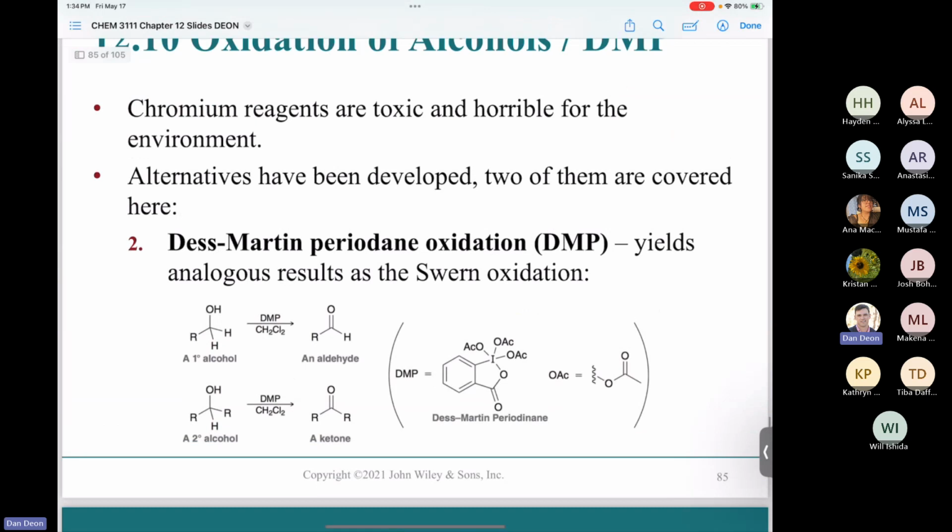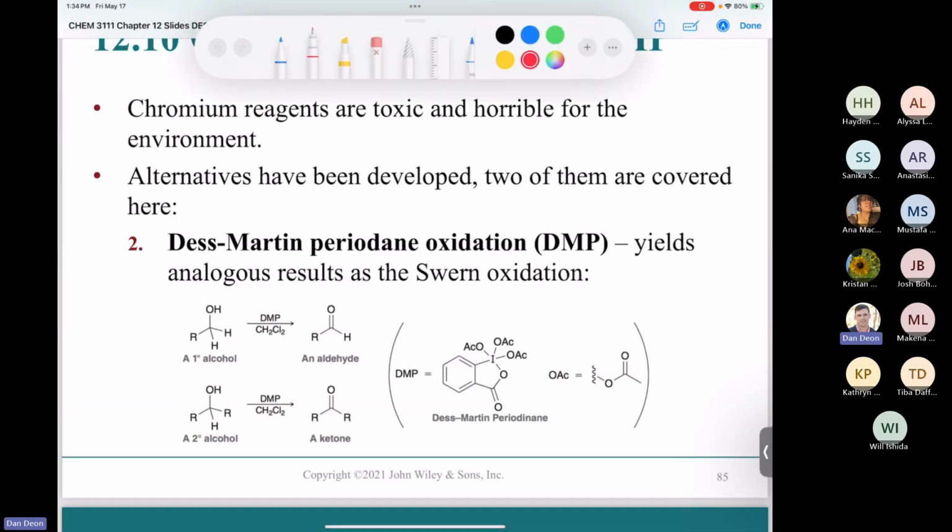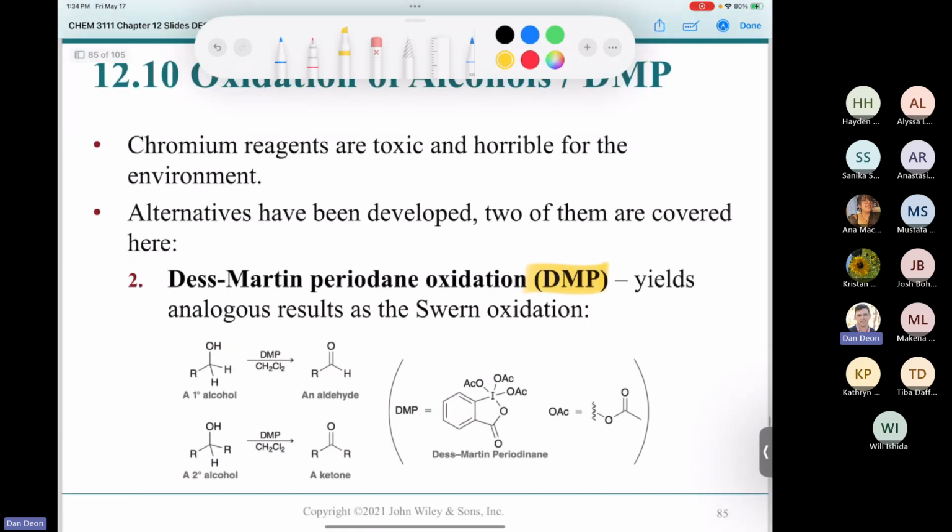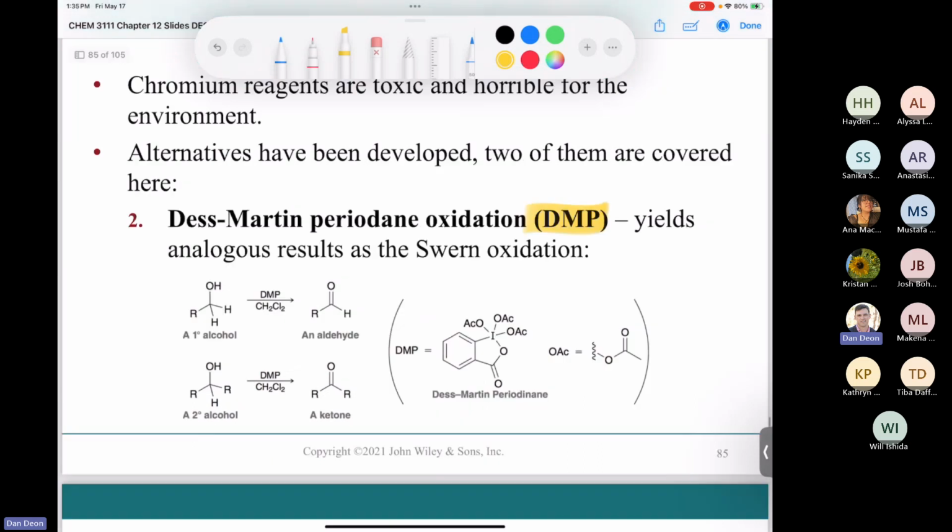And as far as the structure goes of the Dess-Martin periodinane, you don't have to have that memorized either. As long as you have an idea that it's just the DMP, the Dess-Martin periodinane, and then it oxidizes a primary alcohol to an aldehyde and a secondary alcohol to a ketone, you're good.